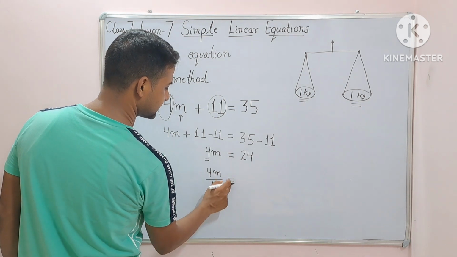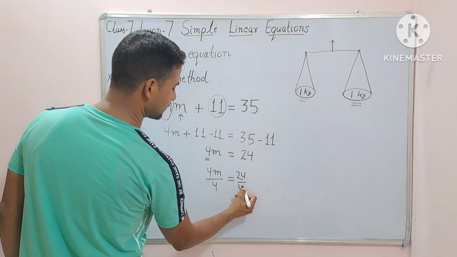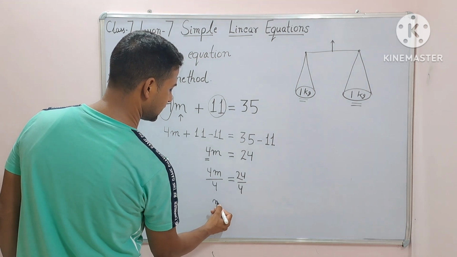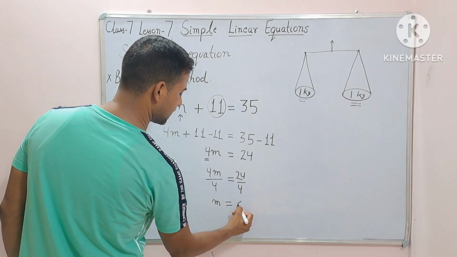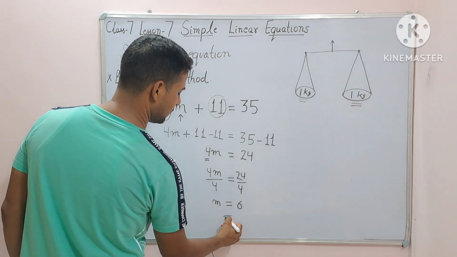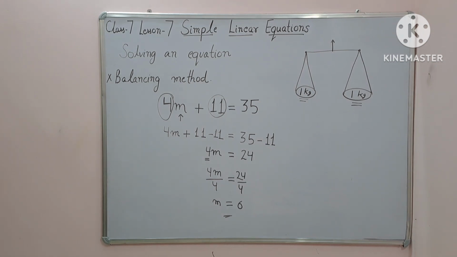For balancing this, we have to divide 24 by 4. Here we get m is equal to 4 sixes are 24. The value of m is 6. Solution of this equation is m is equal to 6.